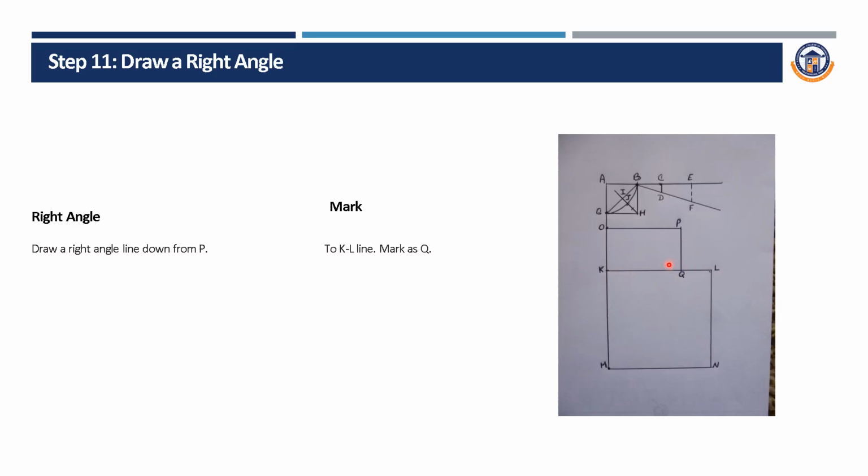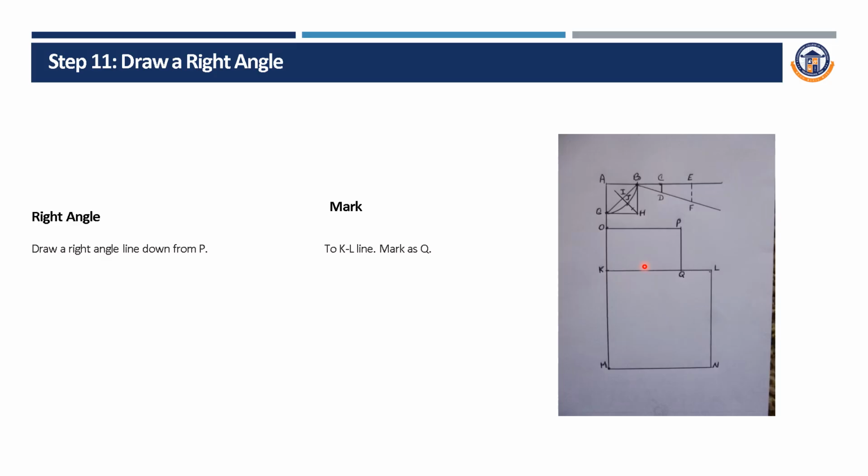Mark that meeting point as Q. Once that is drawn, you are ready to shape your entire body curve. That means we are refining the body curve, so for that purpose we are making all these points.